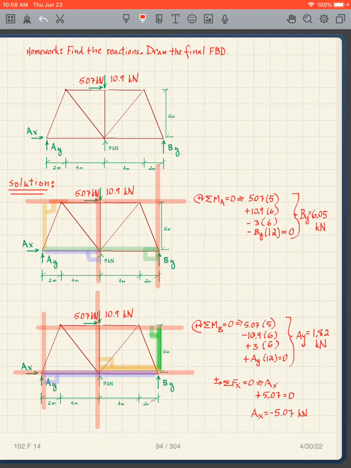And when we look at the signs, taking moments about A, the 5 goes this way, which is clockwise, so it's positive. The 10.9 goes clockwise, which also is positive.